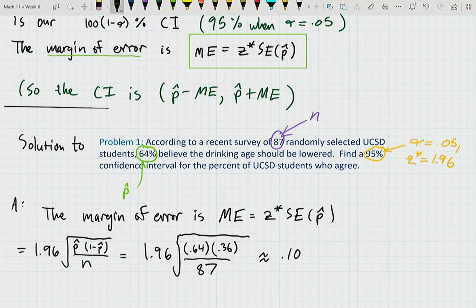So we had a 10% margin of error in our estimate of the true percentage of UCSD students that feel that the drinking age should be lowered. So what's the 95% confidence interval?